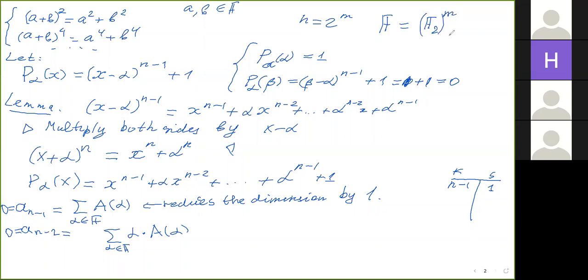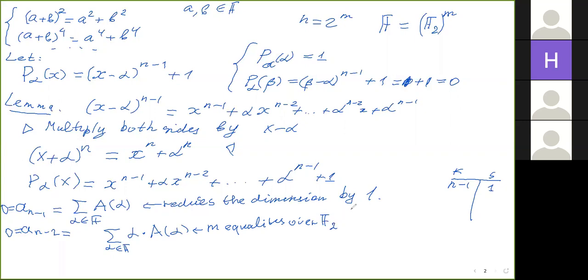because our field F is actually an m-dimensional linear space over its subfield F2. So actually this one equality that the sum of alpha times A of alpha is 0 means m linear equalities over F2.